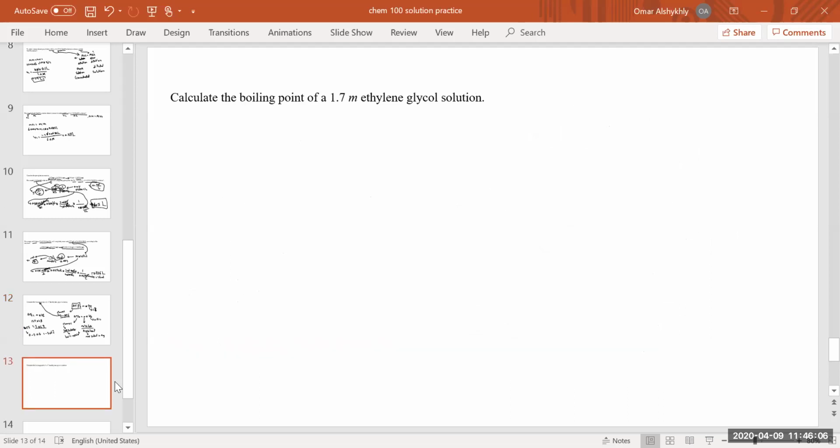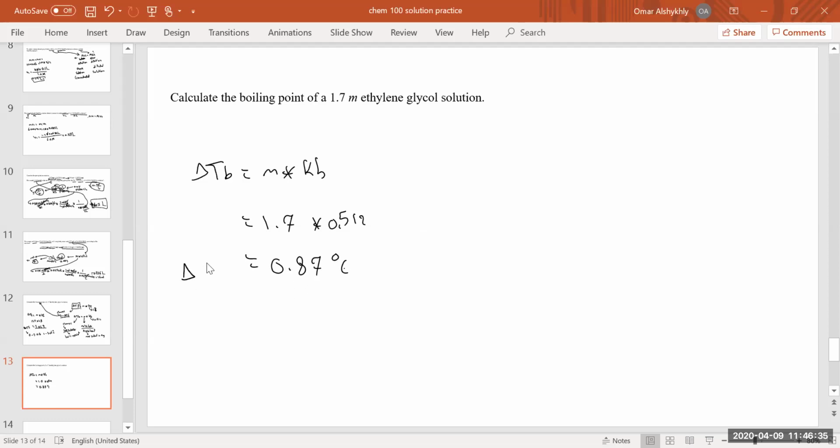Look at the boiling point. The same thing, delta T sub B equals molality times K sub B. And here the molality is 1.7 times 0.512. Let's do the math here. 1.7 times 0.512 gives you 0.87 Celsius degree.